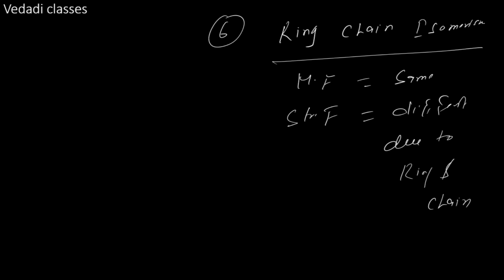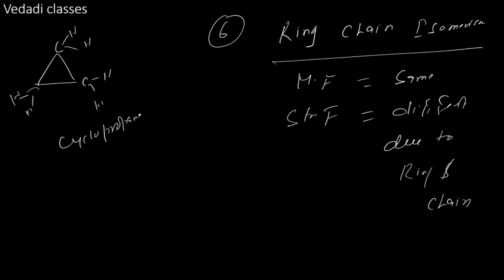Now have a look here. This is cyclopropane, and this is CH2, just like this. So this is cyclopropane, and propene is what? 1, 2, 3, double bond CH2 CH CH3.